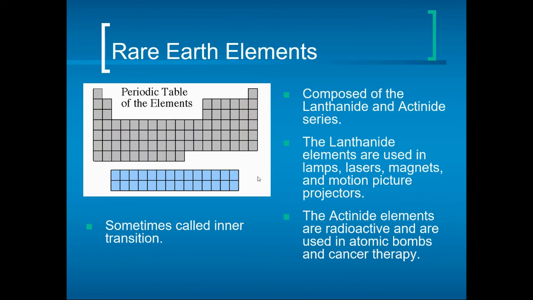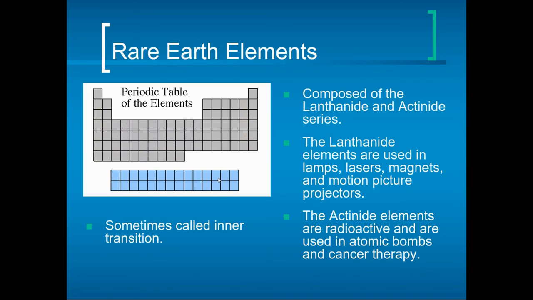They're used in motion picture projectors, things like that. The actinides down at the bottom are the ones that are radioactive, and they're used in atomic bombs. They're also used in cancer therapy. They're the ones that will produce that gamma radiation we talked about. Sometimes these are called the inner transition elements as well. Rare earth metals, lanthanides, actinides.